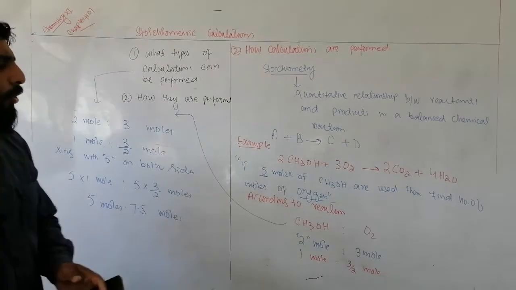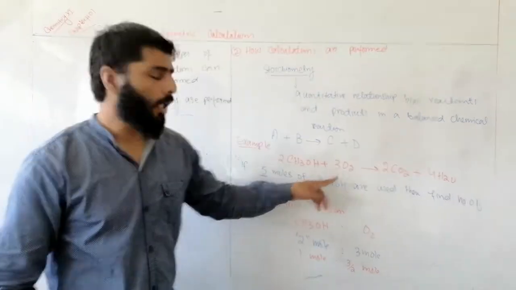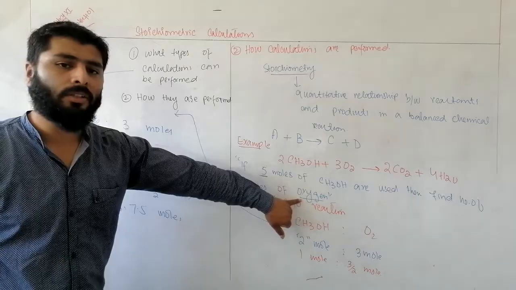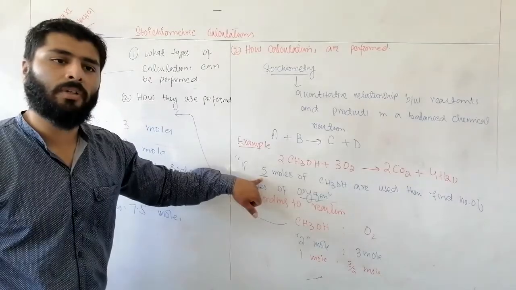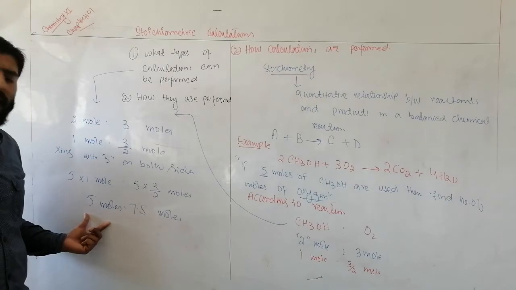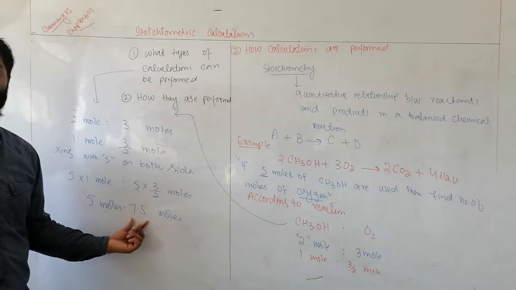So students, you were given 2 moles and 3 moles, and you were asked the moles of oxygen used for 5 moles of methanol. You have found the value. Look here. For 5 moles of methanol, 7.5 moles of oxygen are used.